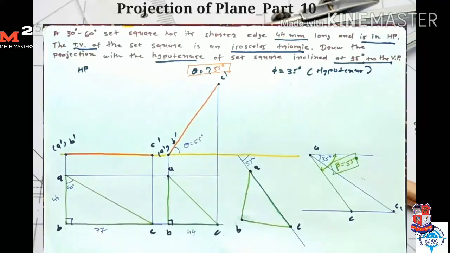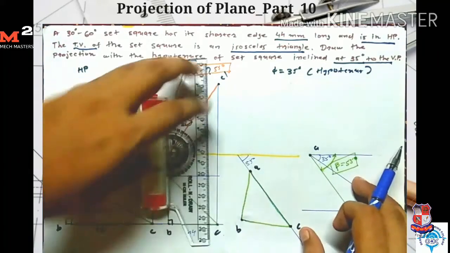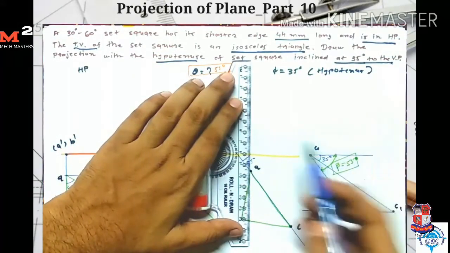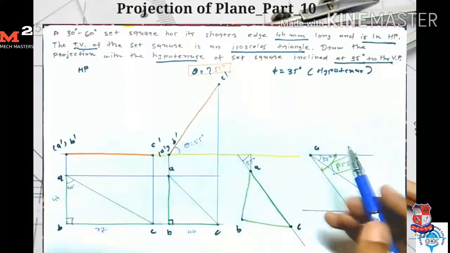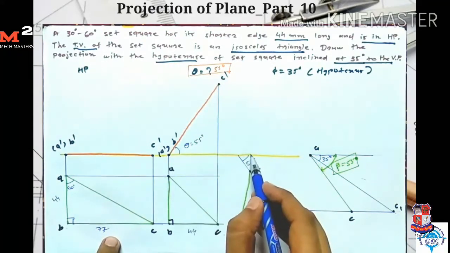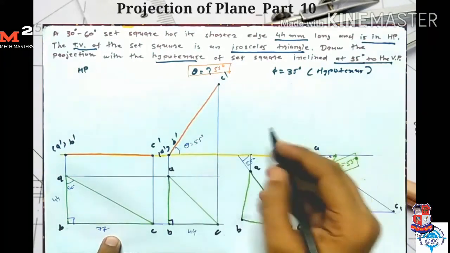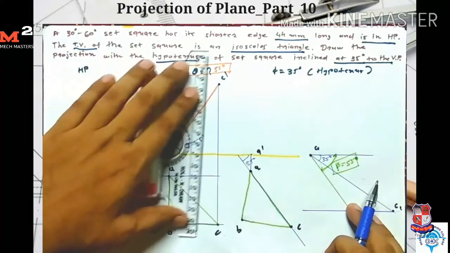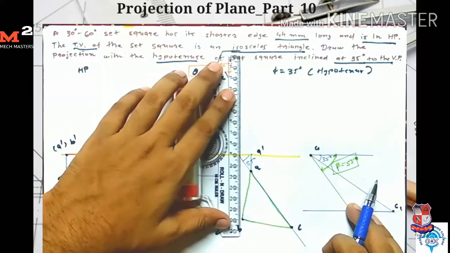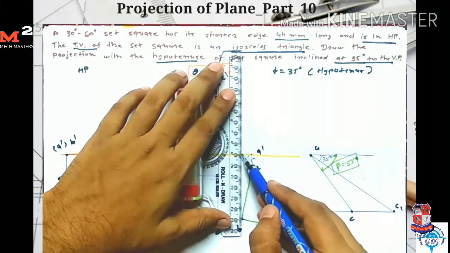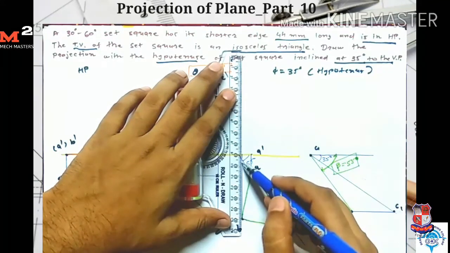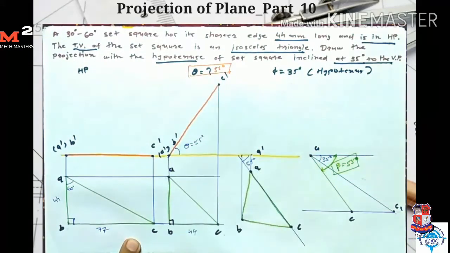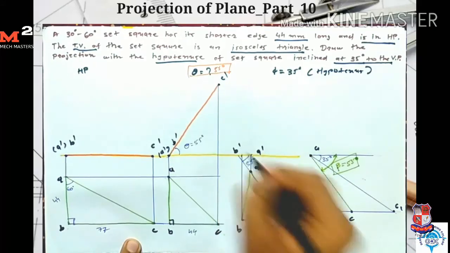Now for drawing the front view, I take the projections. First I start with point A. I take the projection for point A from here and from here, so here I get my point A dash. Now for point B, I take the projection from here and from here, so I get my point B dash.